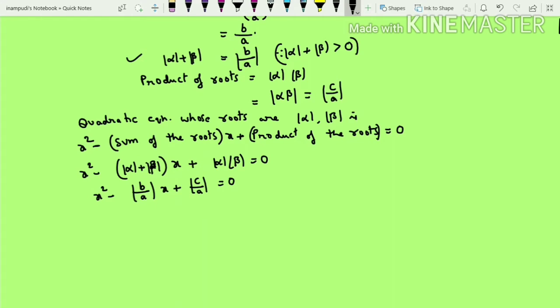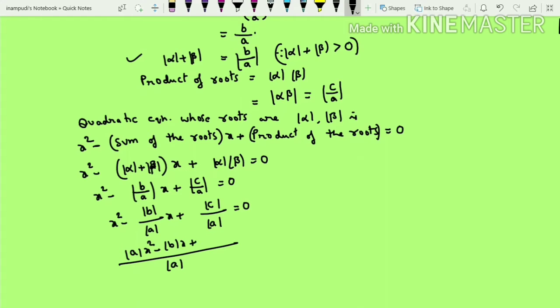Here x square minus mod b by mod a into x plus mod c by mod a equal to 0. Taking mod a as LCM, it can be written as mod a x square minus mod b x plus mod c equal to 0.